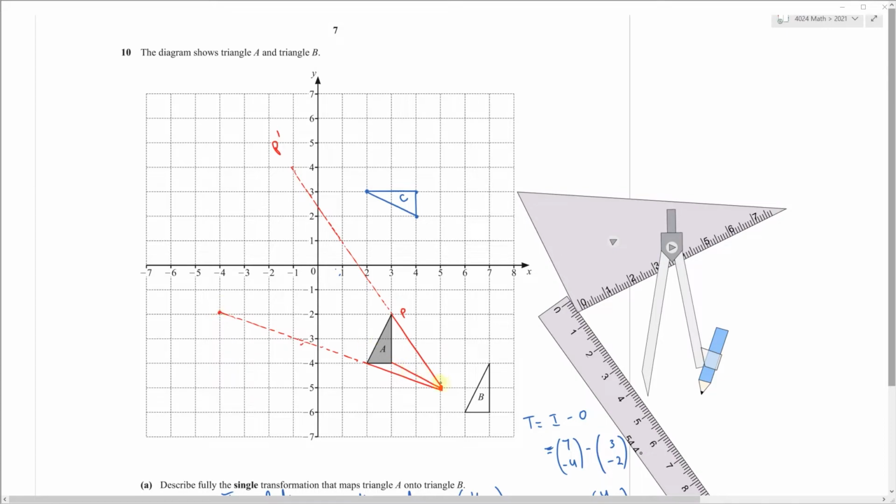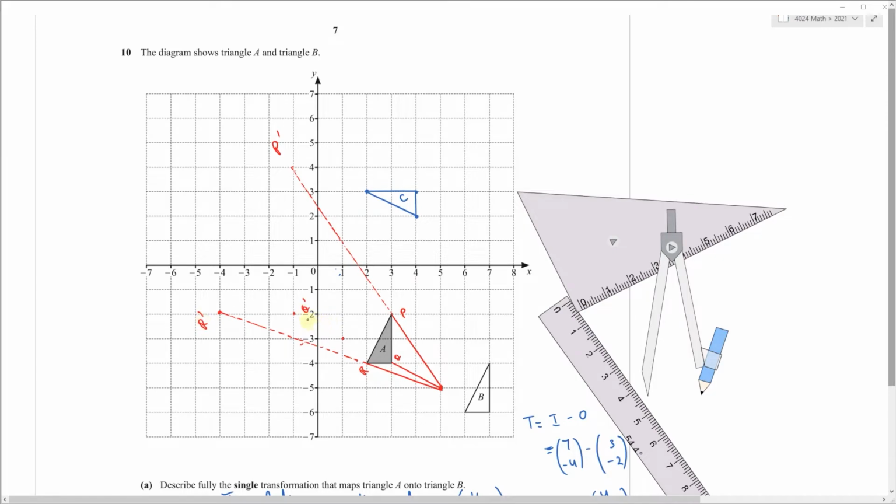And then similarly here, 2 blocks in negative x, 1 block in positive y, and then another 2 blocks negative x, 1 block positive y. So this is triple the distance. Let's call this Q, this is double, and this is triple, you get Q prime. Let's call this R, and this is R prime.